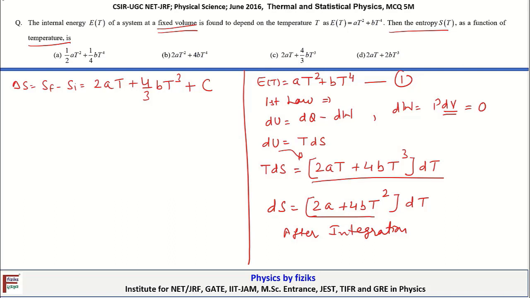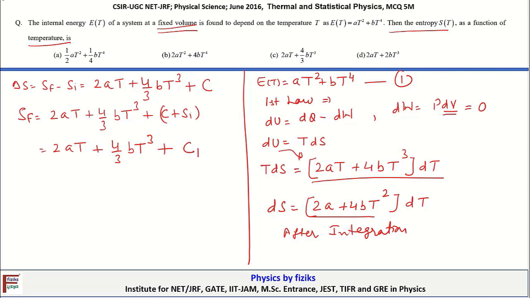This can be rewritten as S final equal to 2AT plus 4/3 BT cube plus C plus S initial, so we can call this another constant. In general I can write this result as 2AT plus 4/3 BT cube plus another constant of integration, where these two constants are absorbed in C1.